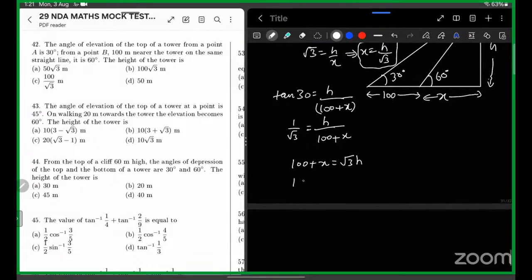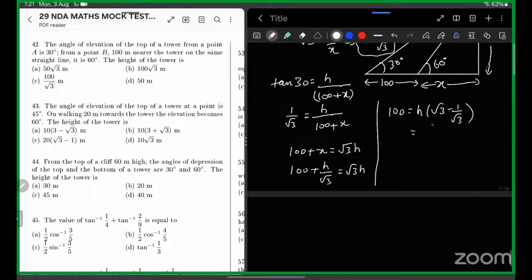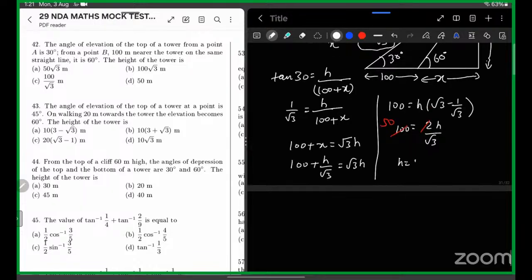X value we can replace as h by root 3. If you go on simplifying, we are going to get 100 equal to h common root 3 minus 1 upon root 3. Cross multiplication, 2h upon root 3 equal to 100. So cancel this to 100. h is equal to 50 root 3. Option A. Okay.